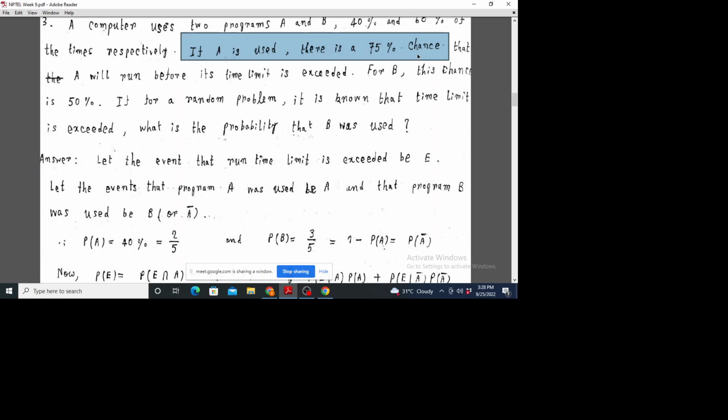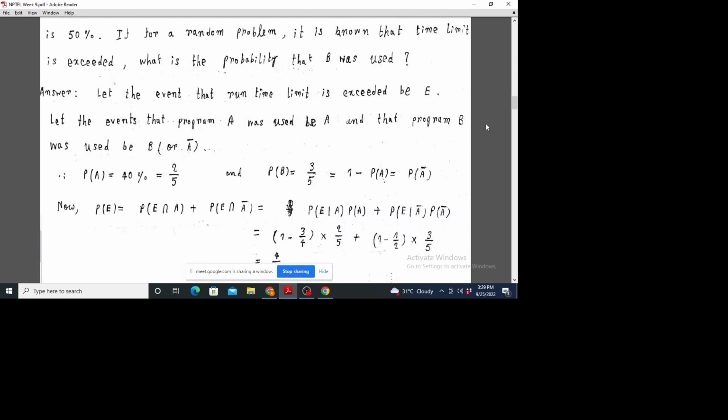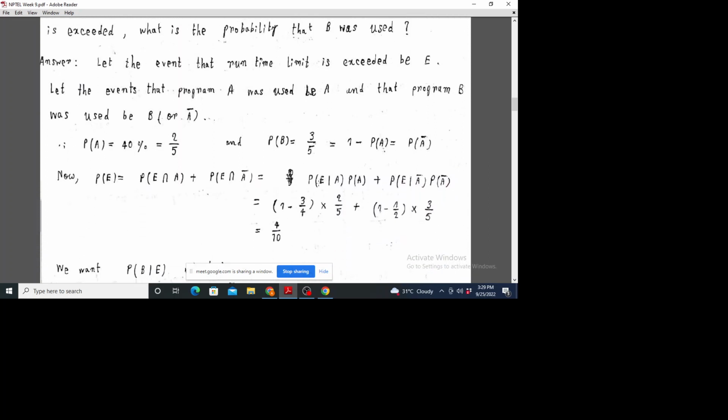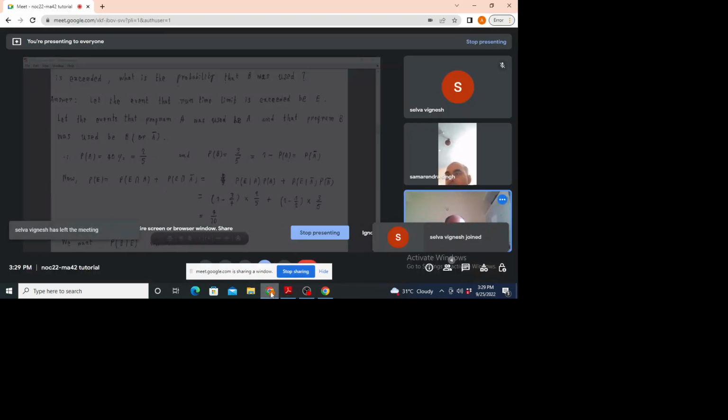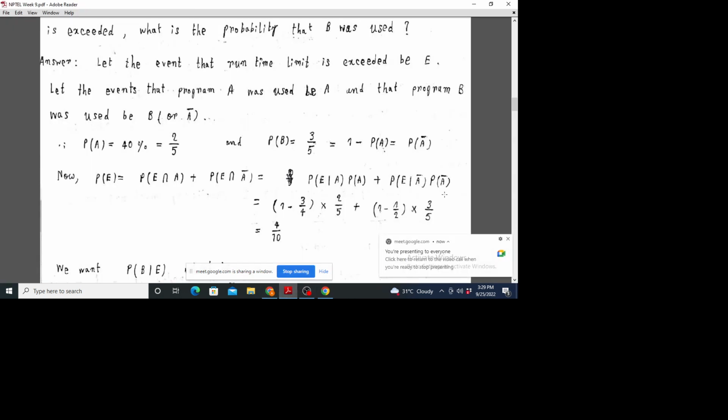So this is actually the conditional probability P(E complement | A). The conditional probability of the occurrence of the event E complement given that A has occurred is 75%. That is given in the question.